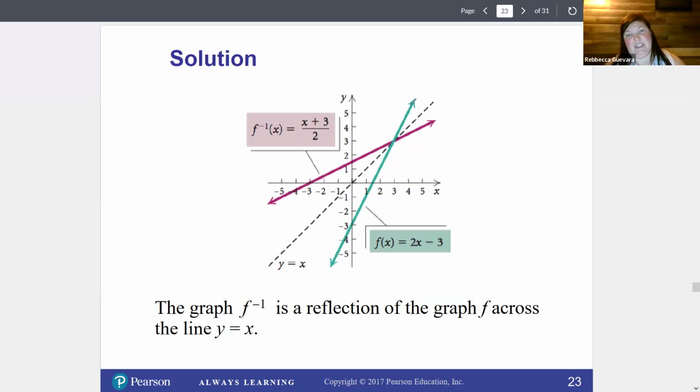And what we're going to see is that it is essentially going to reflect over y equals x. And that is my inverse function, that reflection of it. So we see this point here has now reflected to this point right here. So as we said before, the inverse function is a reflection of the original function over y equals x.